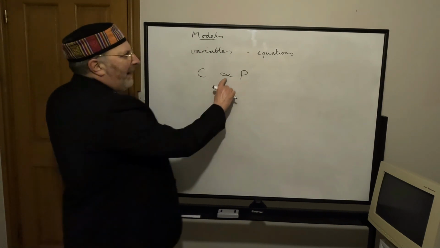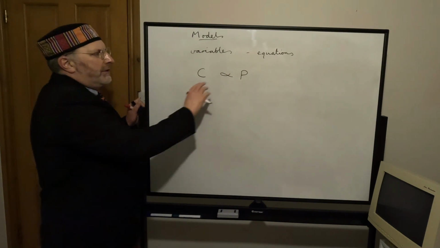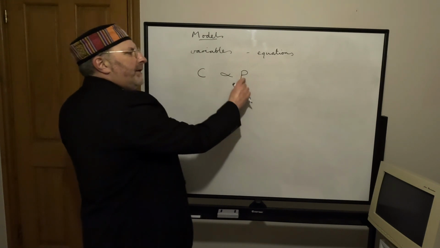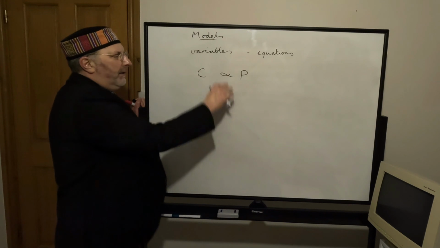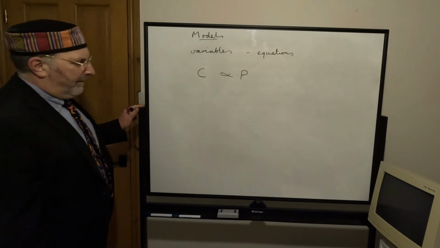And this alpha symbol means "is proportional to." And it really means it's strictly proportional to. So it means that if we double the population, then we will double the per capita crime rate. They vary exactly in relation to each other.